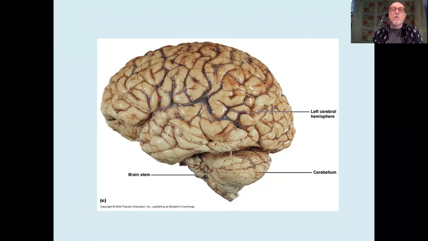And I'll just tell you quickly that there are more fissures. There's another one there, another one there, and there's one at the back here. So the cerebrum is divided into distinct lobes by these fissures. And those lobes have very definite activities associated with them.